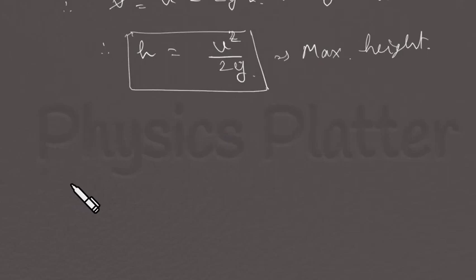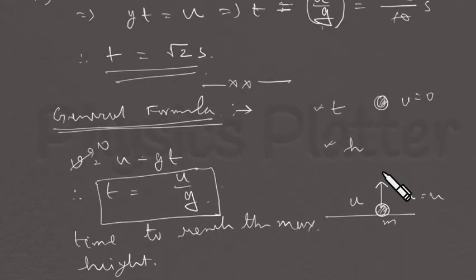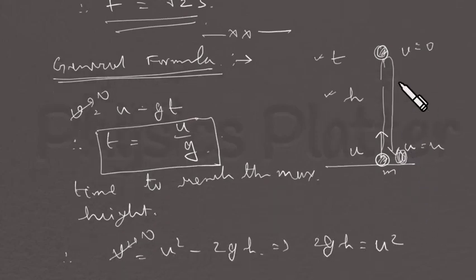Also, we can find the time of flight. The particle will move upward, reach the maximum height, and then it will fall down, right. So what is the time of flight? Time of flight is the time for which the particle or the body remains in the air.